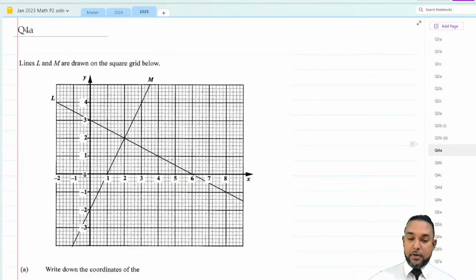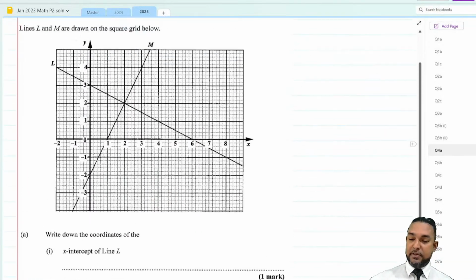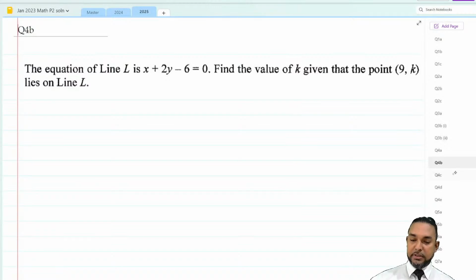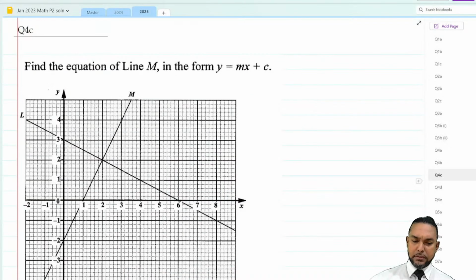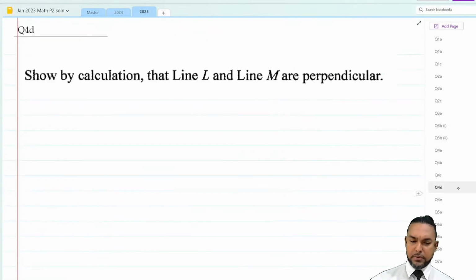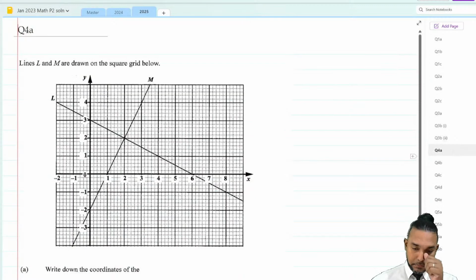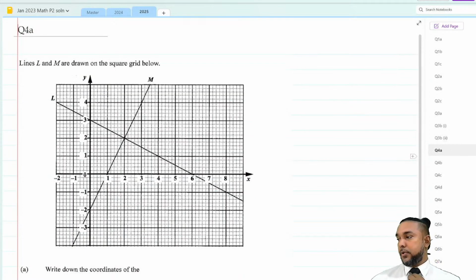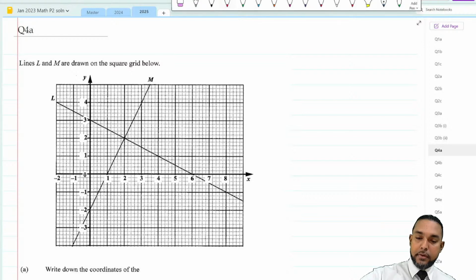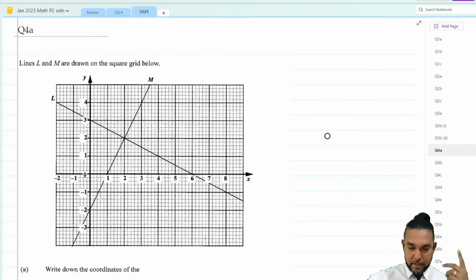Okay, all right, guys. Let's see if we can knock out question 4, 4A, 4B. So lines L and M are drawn on the square grid below.